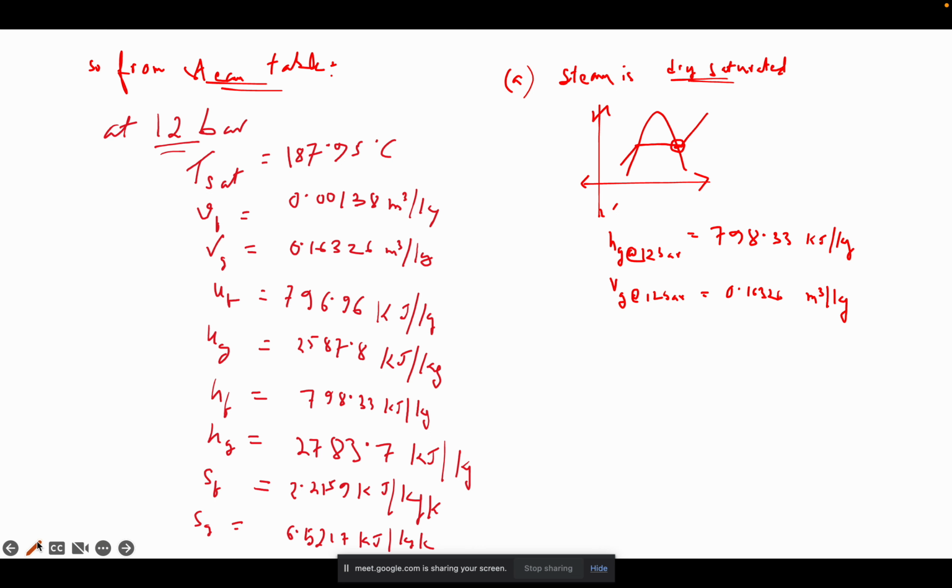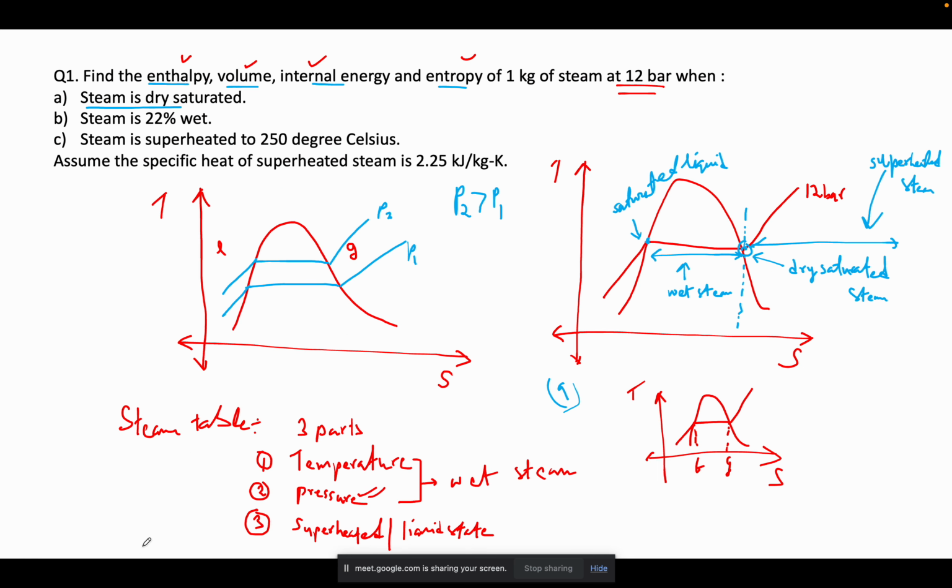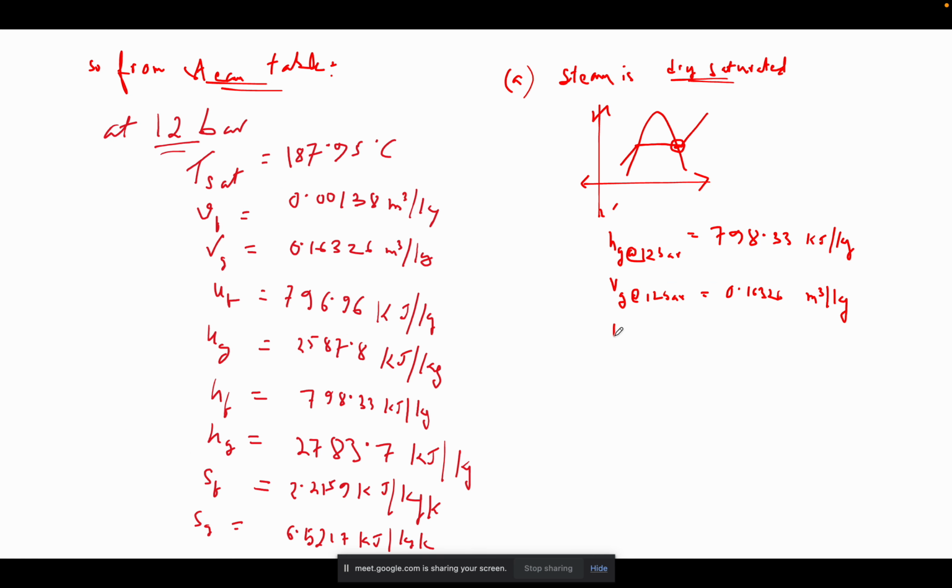Okay, then we need internal energy and entropy. That means we also need Ug at 12 bar.